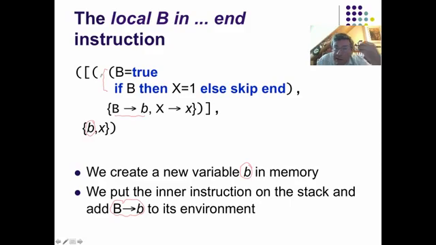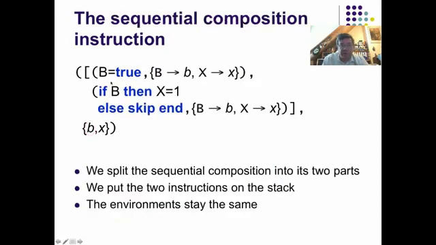Then it continues with a third execution step. This third step is a little bit subtle because there is now one instruction on the semantic stack, but this one instruction has two instructions inside it. It's called the sequential composition.